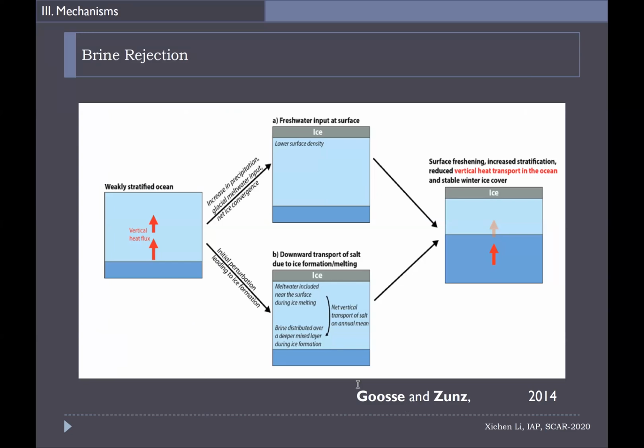Usually when sea ice forms, during the cold season like the Austral winter, the mixed layer is much deeper than average, so the salt water can sink to the subsurface or deeper layer. But when sea ice melts during the warm season, the mixed layer is shallower, so the fresh water just covers the surface. So if you intensify the sea ice formation or the sea ice melting, both processes can intensify the stratification of the ocean.